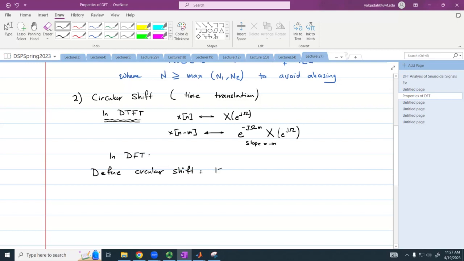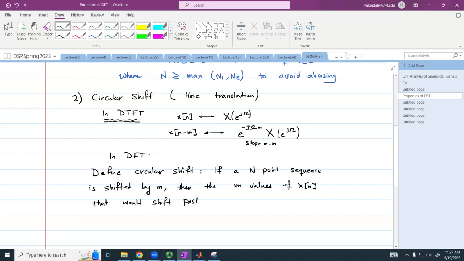In the circular shift, if we have an N-point sequence, and this sequence is shifted by m, then the m values of x of n that would shift beyond n minus 1 will get wrapped around to 0.